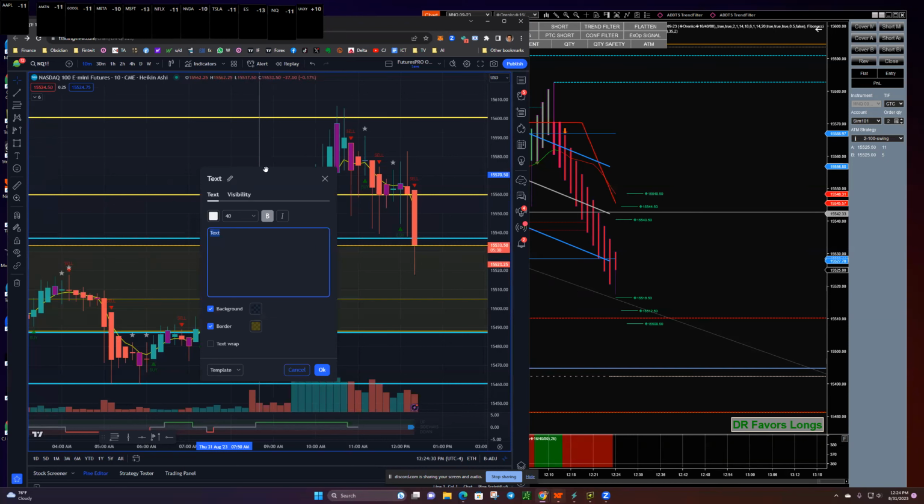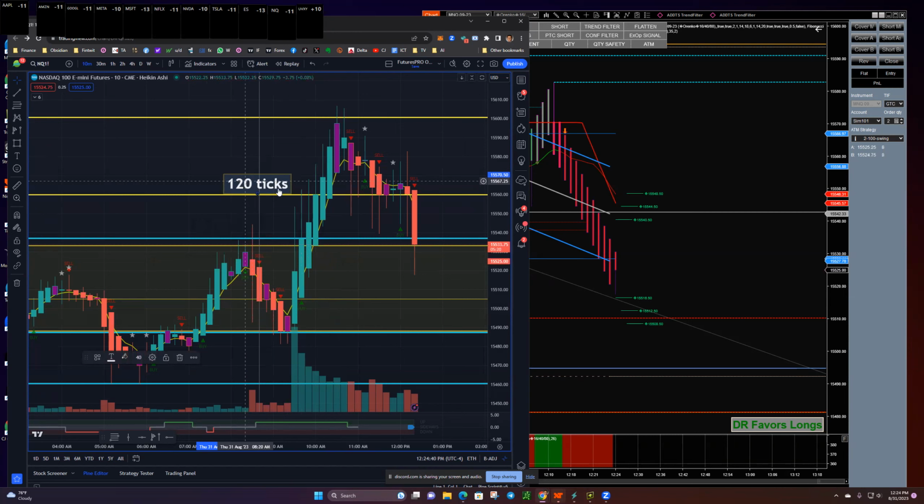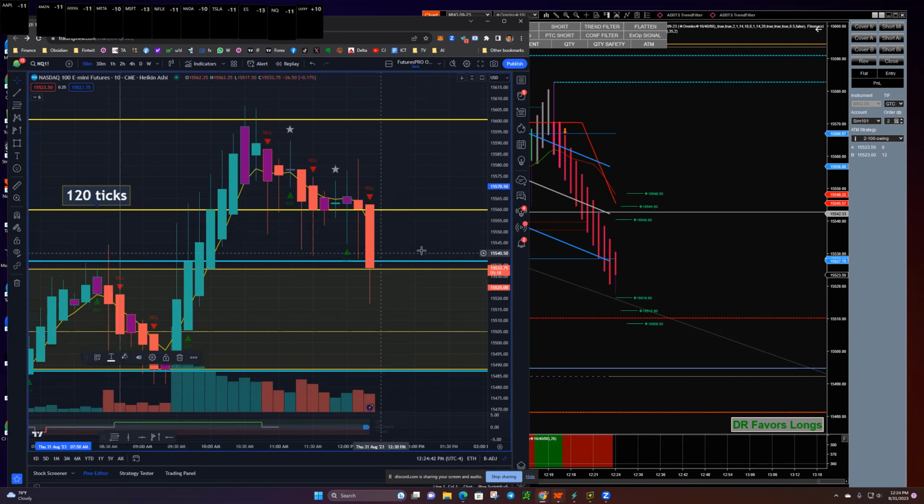So here would have been at least 140 ticks. That was a winner. Let's take a look at the second trade. Now, 120 ticks sounds exciting, but again, if you're doing intraday swing, you're just putting in 1 or 2 micros. Okay.